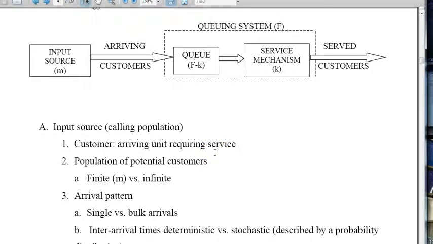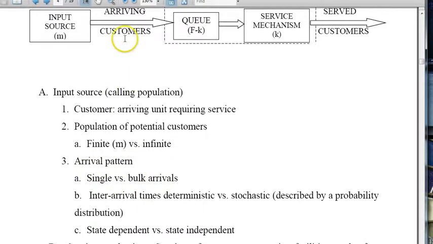It doesn't have to be always a human being. It can be a machine that requires service, or a phone call being routed through the network. That can be the customer. The population of potential customers can be finite or infinite. So if we have a lot of customers that can require the service, we model it as infinite, although physically it's not necessarily infinite.